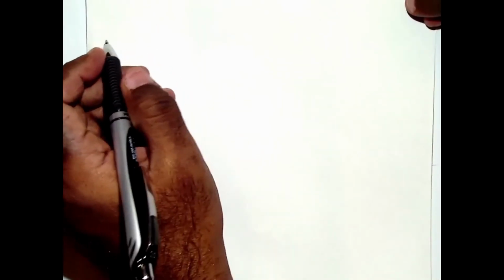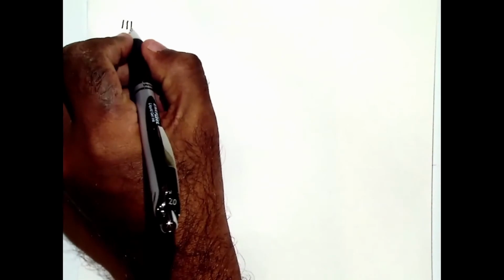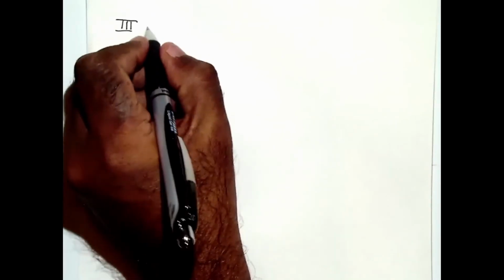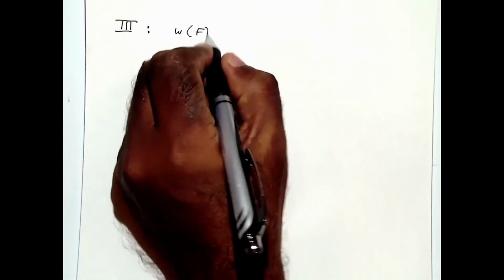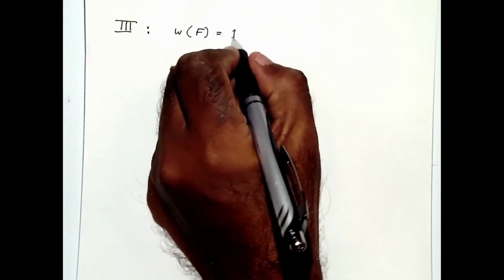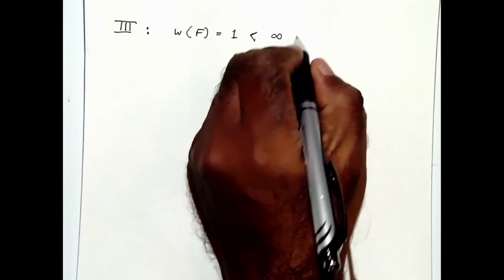Now let's check condition 3. Condition 3, as you may recall, is that for condition 3 to hold, W of f must be finite, which is true because 1 is a finite number, right?